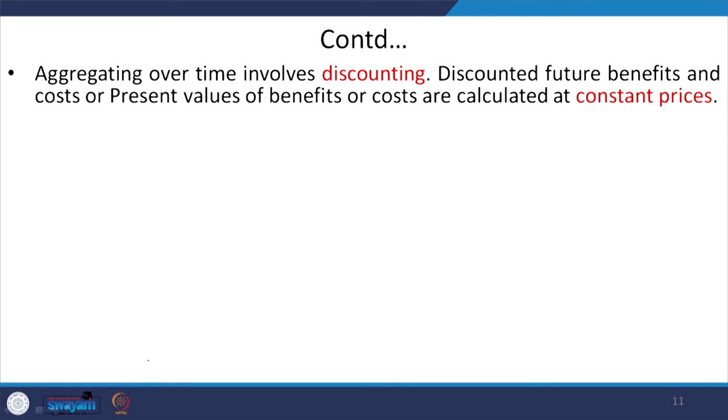That is why we are treating the time dimension. When we say we are treating the time dimension, that means it involves the discounting factor. So, what is a discounting factor? When the discounting factor is taken into account, it helps in converting the future values, future benefits or costs, in terms of the present one.